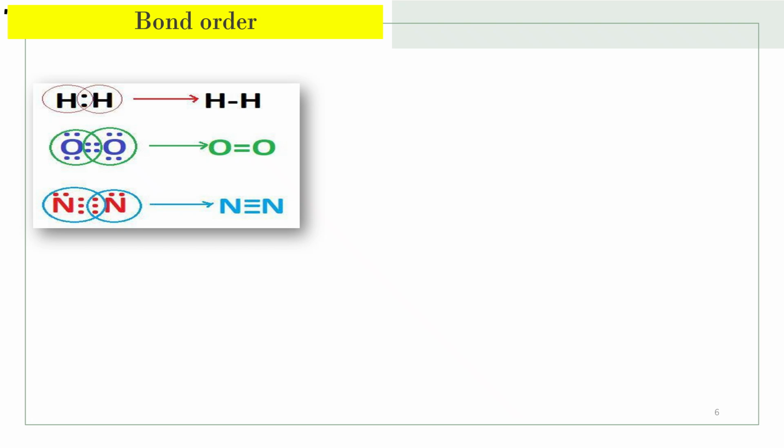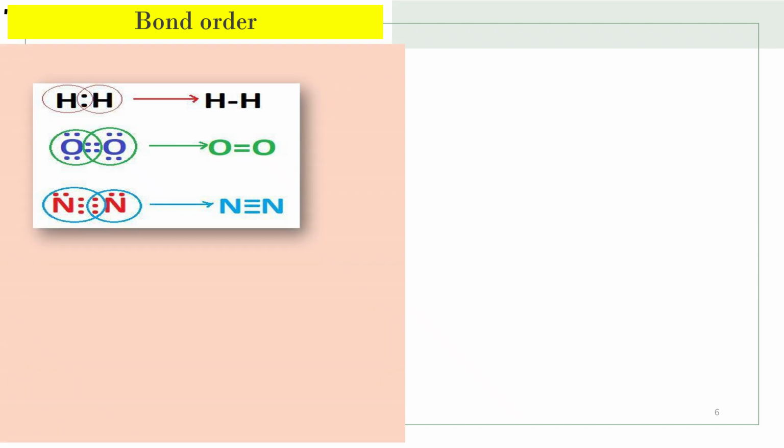See the example of hydrogen, oxygen and nitrogen molecules. In the hydrogen molecule, two hydrogen atoms are bonded with a single bond. In the oxygen molecule, two oxygen atoms are bonded with a double bond. And in the nitrogen molecule, two nitrogen atoms are bonded with a triple bond. The number of bonds between the two atoms in a molecule is called bond order.